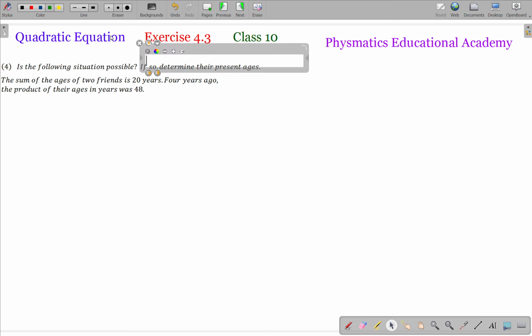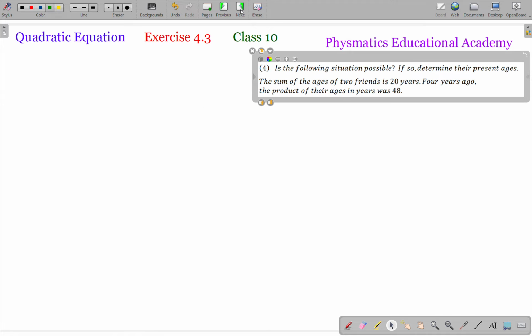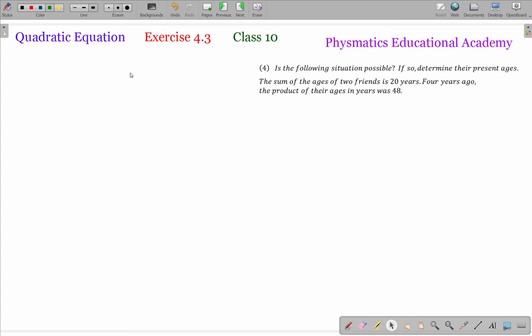Then we can say the given equation has real roots, because here b square minus 4ac is greater than 0.